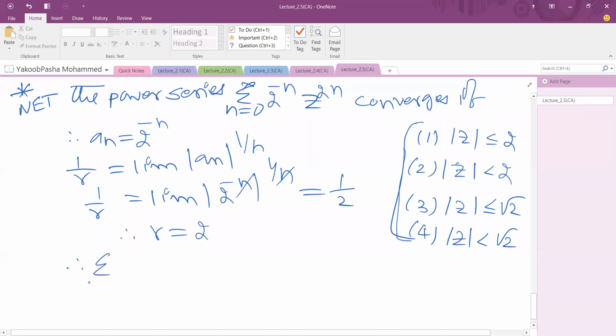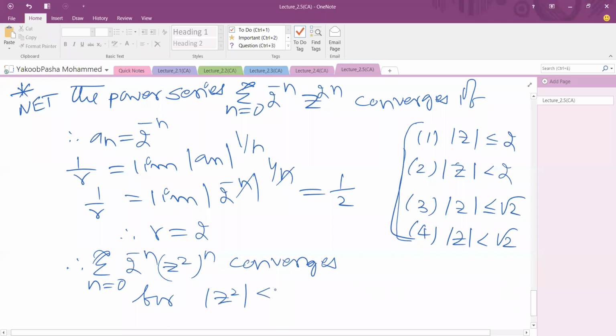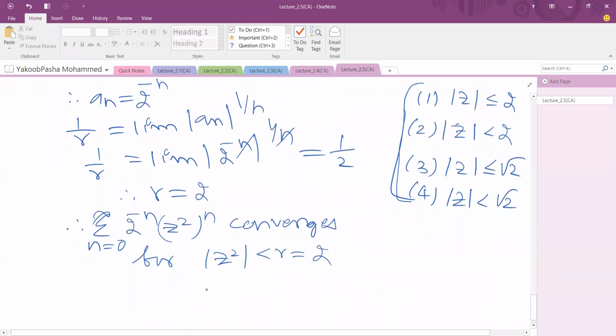Therefore, summation n equal to 0 to infinity 2 to the power of minus n (z power 2) whole to the power of n, write it like this, z power 2n, converges for modulus of z square is less than r. r is equal to 2 here. So modulus of z whole square is less than 2.